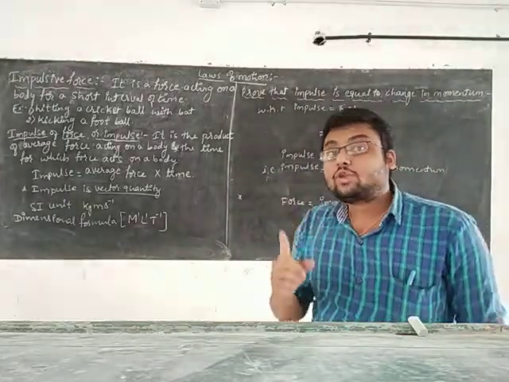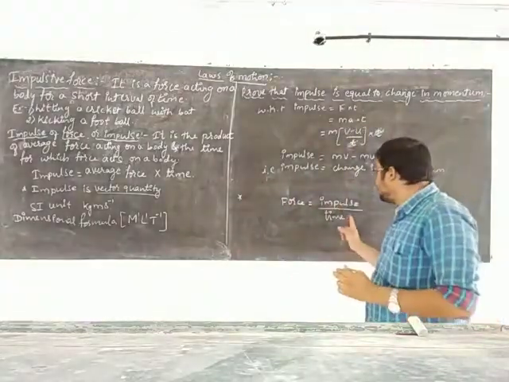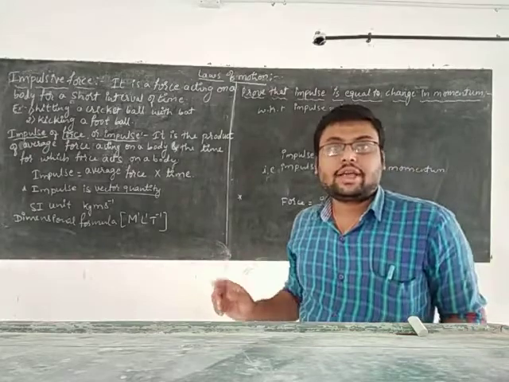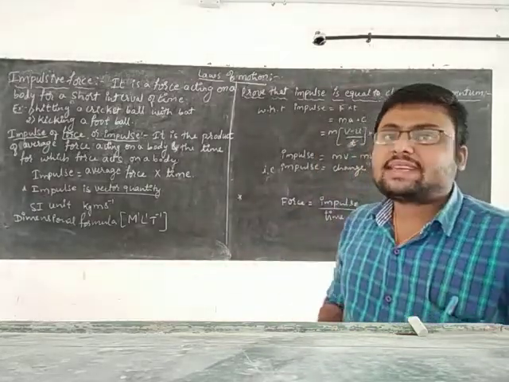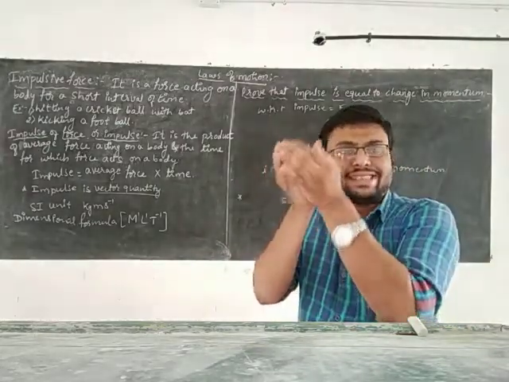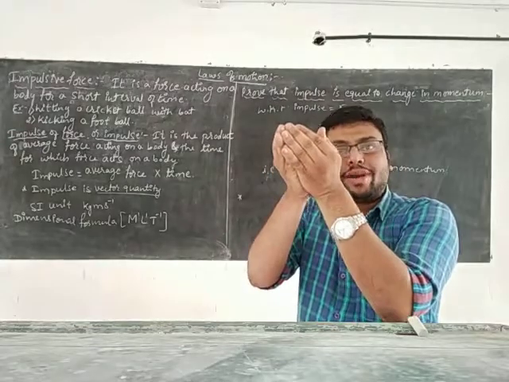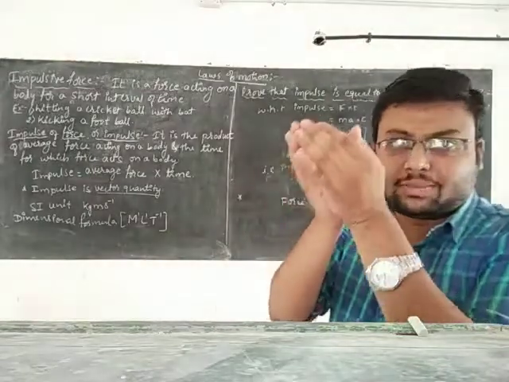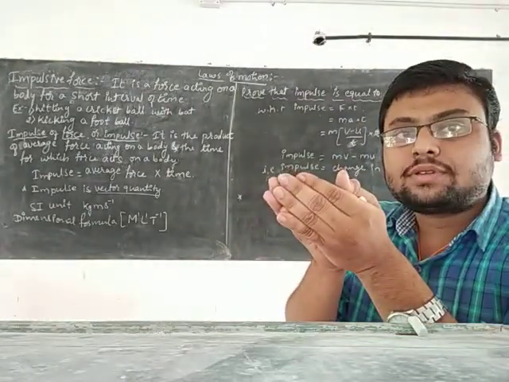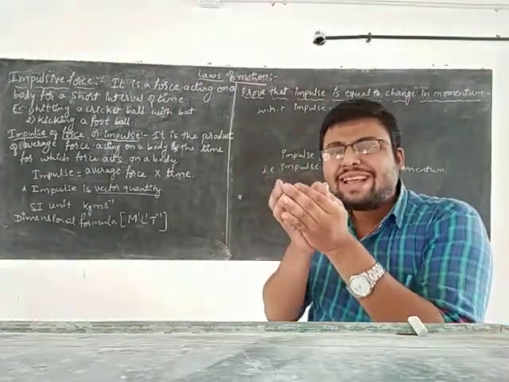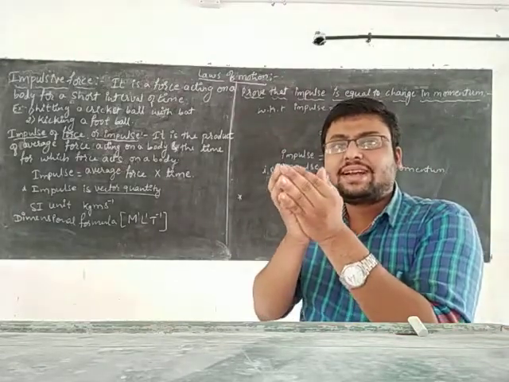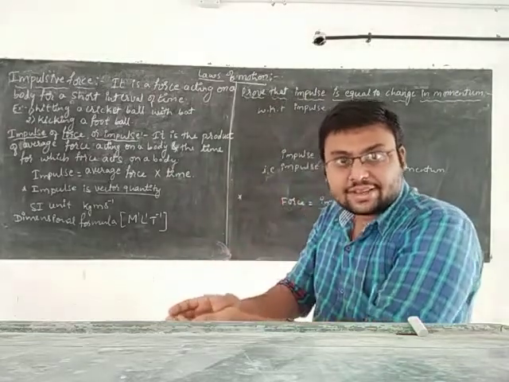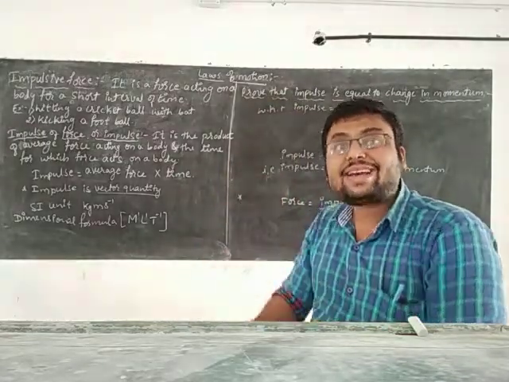Because in order to increase the time of impact. If he suddenly catches the ball without lowering his hand, the time of impact is very less. If he lowers his hand, then the time of impact increases.